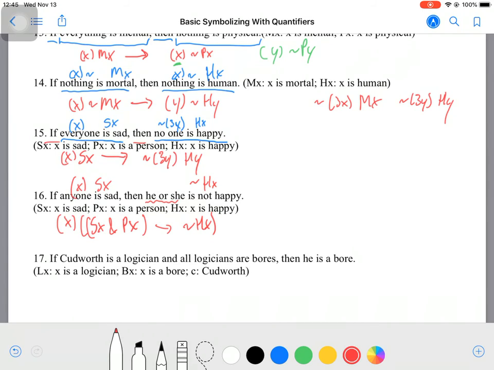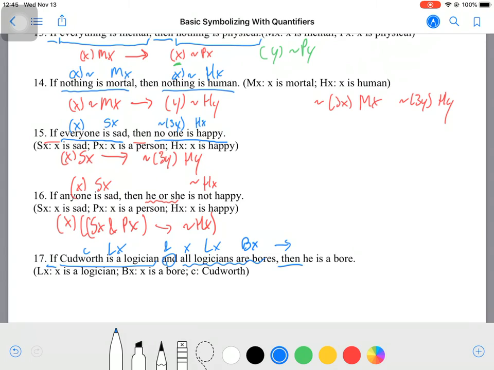Let's keep going. If Cuddleworth is a logician and all logicians are bores, then he is a bore. So we're going to see that we have an if-then statement going on, so we're going to have some type of arrow. We have an and, so we're going to have an ampersand. We have an all, LX, being bores, so we're going to translate that all on its own. Then we have Cuddleworth as a logician, so we have little c for Cuddleworth, category of logician.